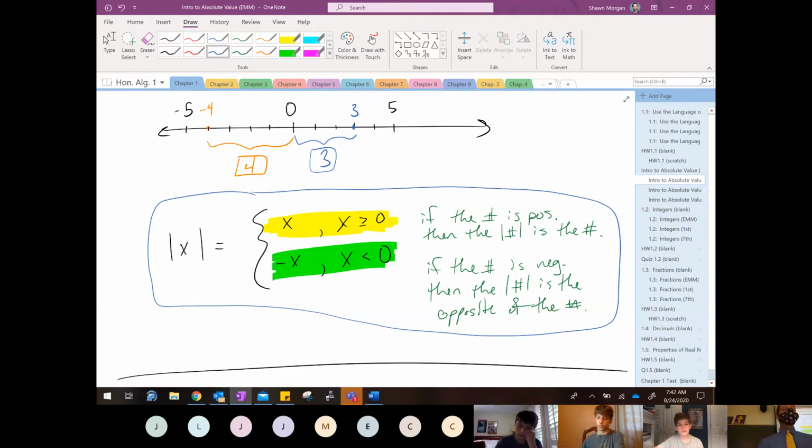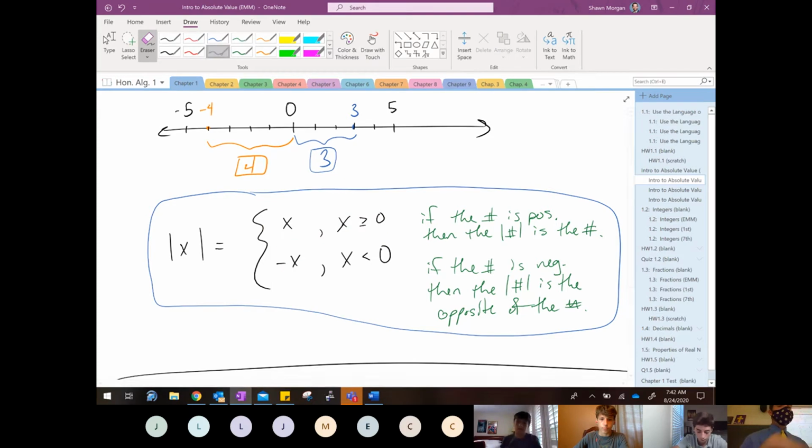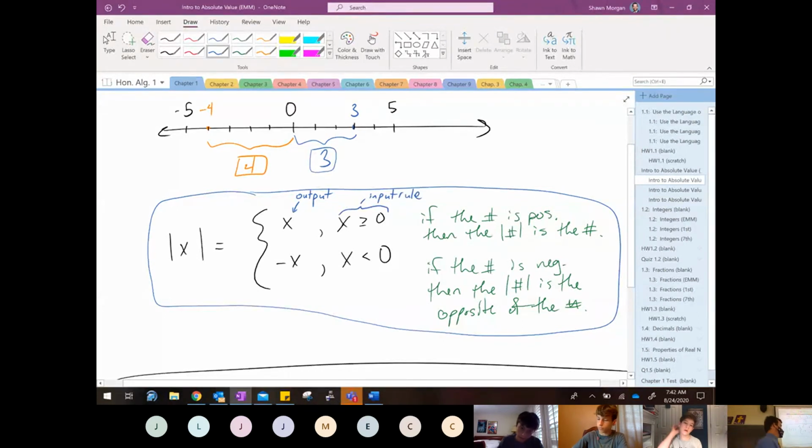What we do is we split the definition of this function up into pieces, and each piece has an output. This is the output right here that is generated based on a particular rule about the input. Input rule. All right, and so here's how it works.